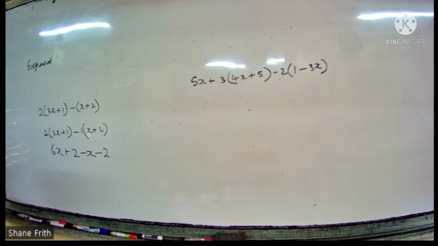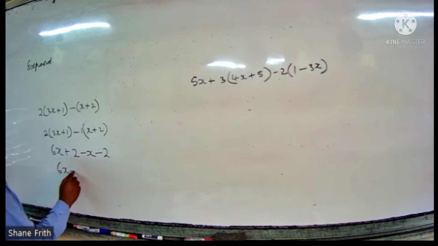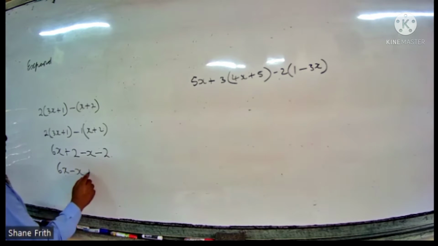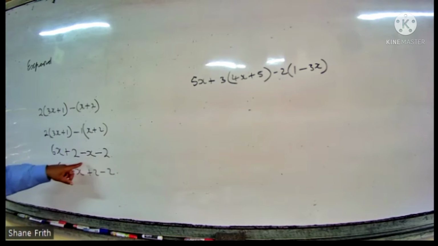All right, so my next thing I have to do now is to collect the like terms. Okay, what are my like terms? My like terms are 6x and negative x, positive 2 and negative 2. So I put those together. So I have now 6x minus x plus 2 minus 2. Remember here now I'm just collecting terms, right? I'm not transposing because there's no equal sign, right?